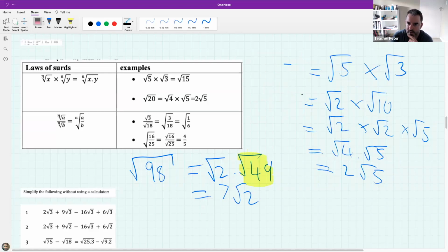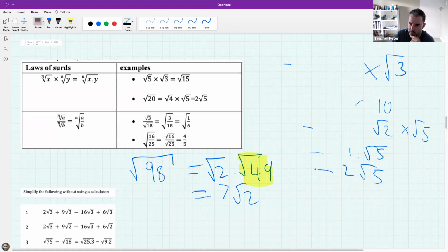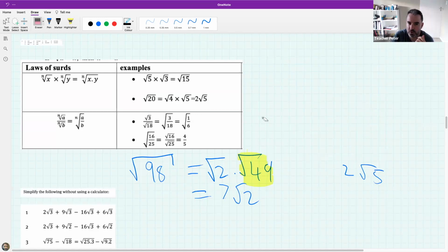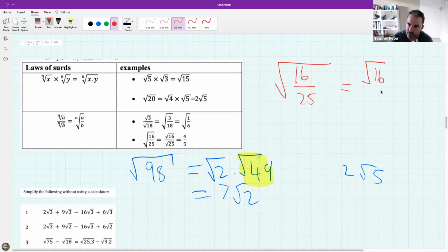Now, if you've got that as 7 root 2, that is breaking apart numbers using surd laws when you multiply. But you can also do the same surd law using division, for example. So if you've got the square root of 16 over 25, you can write that as the square root of 16 over the square root of 25. Now, what is that going to be without a calculator?